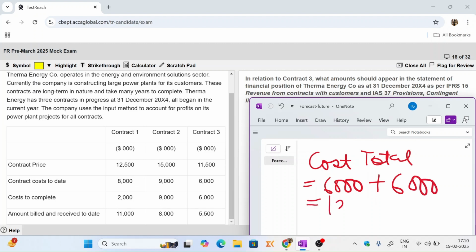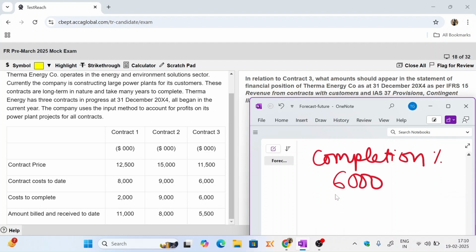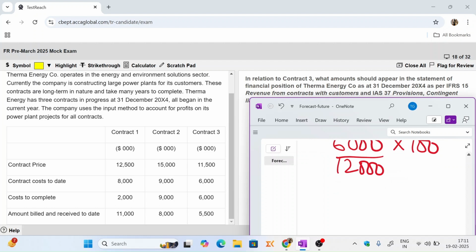So that makes your cost total 12,000. For the completion percentage, you take whatever you've spent, 6,000 so far, and the total that you're going to spend on this contract is 12,000. So 6,000 divided by 12,000 into 100 gives you 50% as the completion percentage.